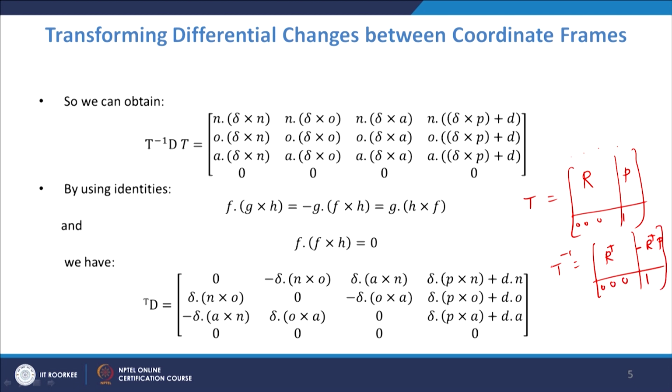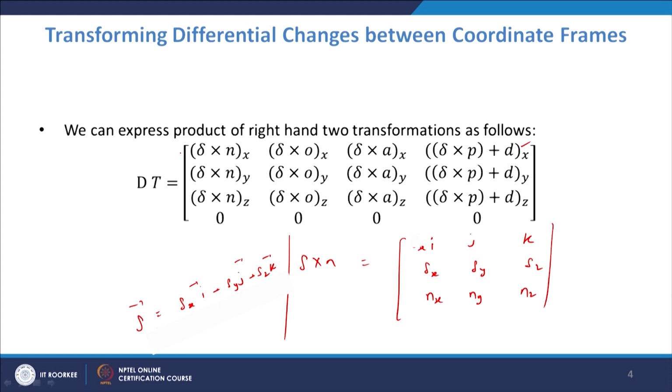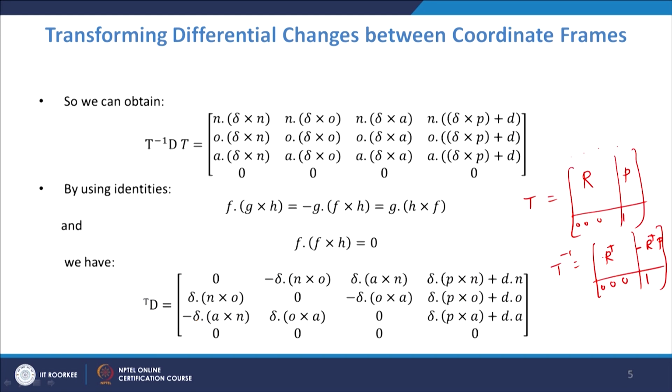So, if we multiply T inverse with this dT, d into T, we can see that in T inverse dT, the first row into the first column will give del cross n, the vector in the first column here of dT. The first row of T inverse is nothing but the first column of R, that is n x, n y, n z.